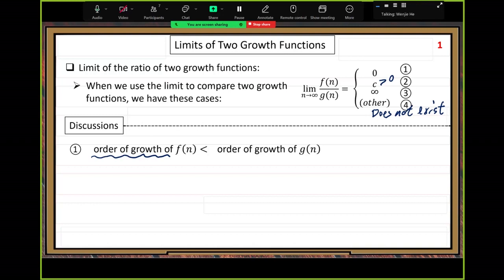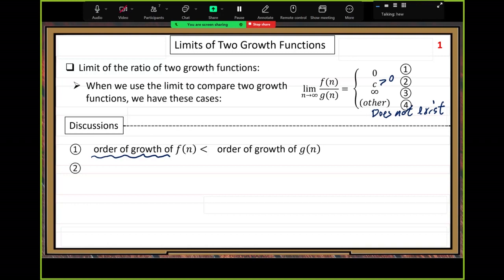So what's that order of growth? I will give you the explicit description next time, not this time. Today we do not have enough time, so I delay it. So we have this inequality, a comparison of the order of growth of these two functions.